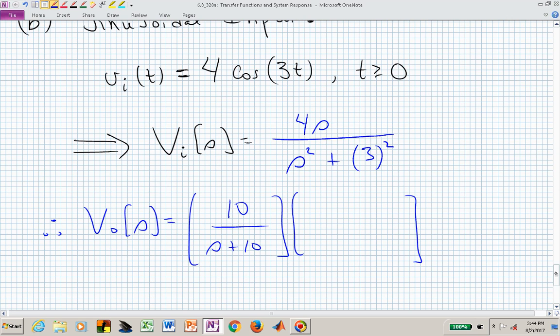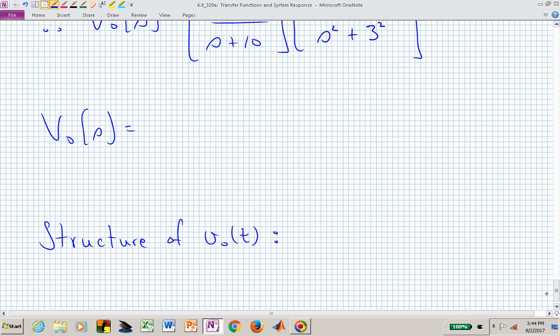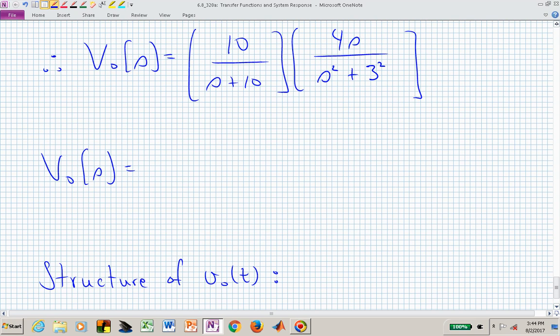So now, if we want the output voltage, v sub 0 of s, we scale the transfer function, 10 over s plus 10, by the transform of the input, which is 4s over s squared plus 3 squared, or 9.